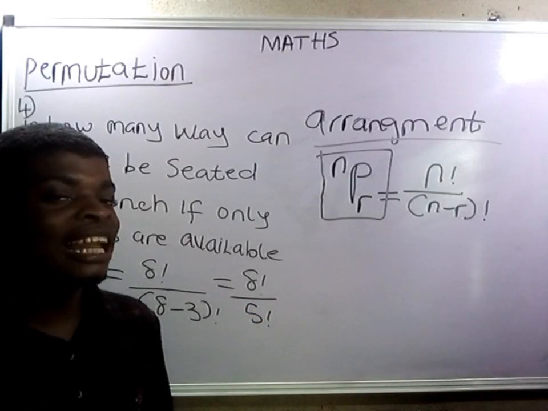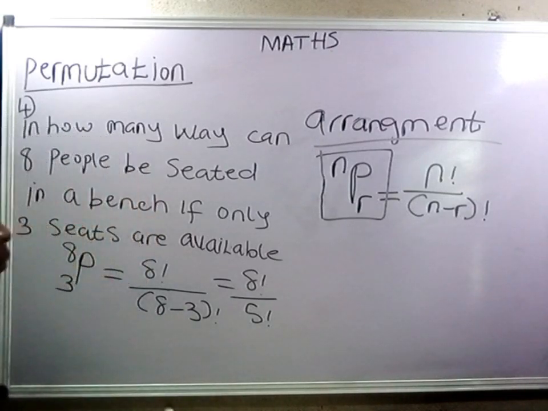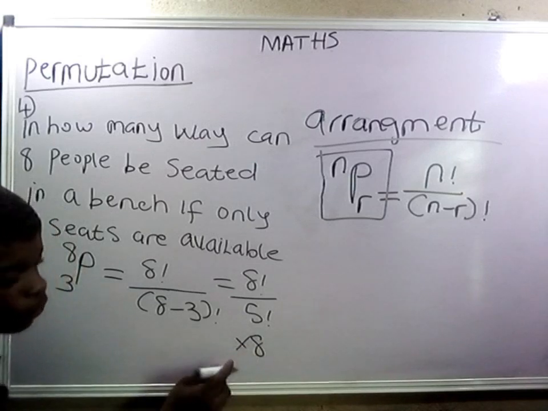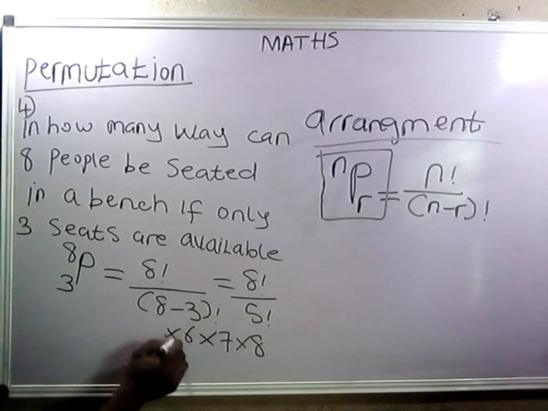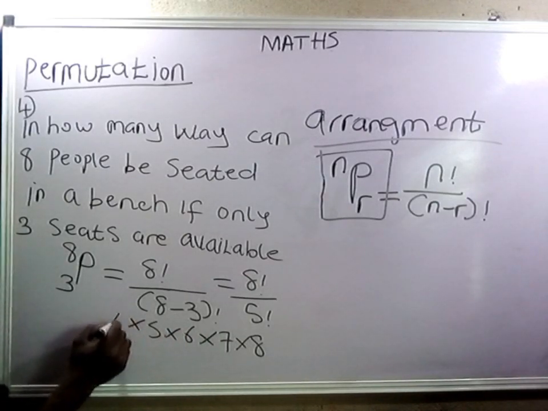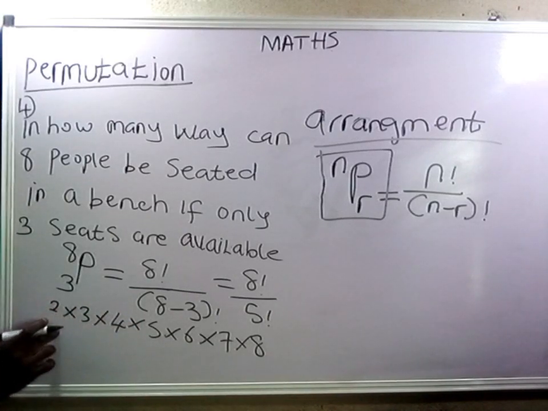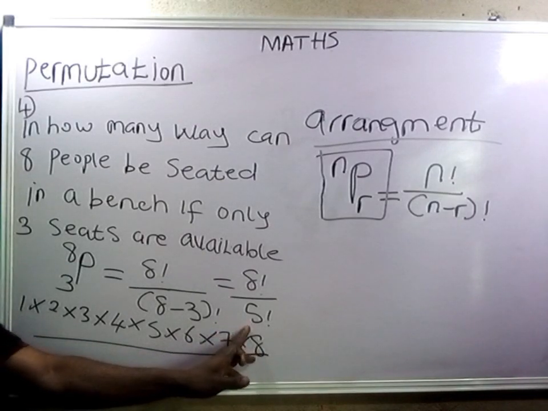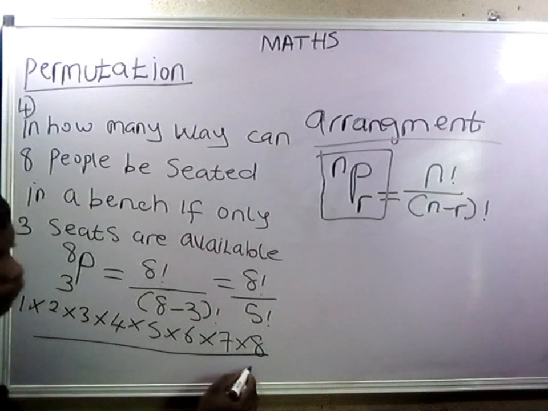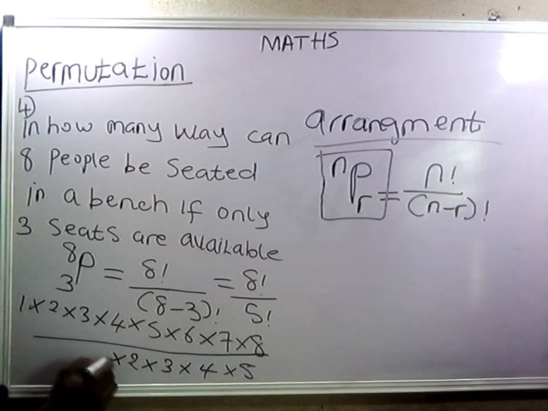Any value factorial means multiply the value backward to get to 1. So that means 8 times 7 times 6 times 5 times 4 times 3 times 2 times 1, all over 5 factorial, which means multiply 5 backward: 5 times 4 times 3 times 2 times 1.